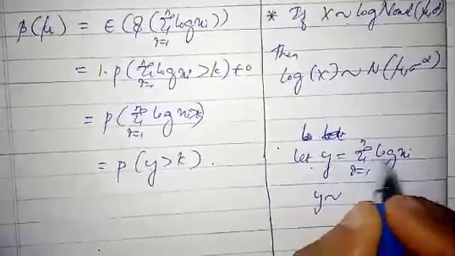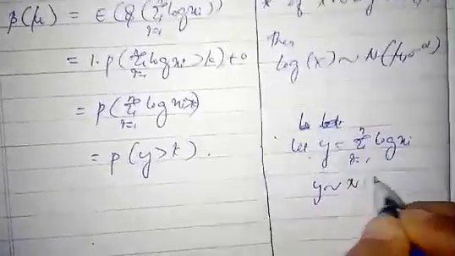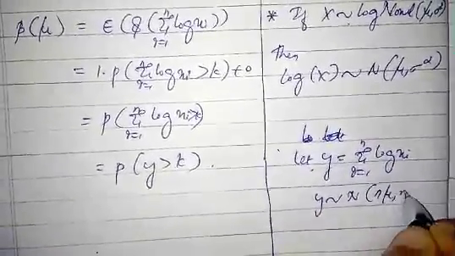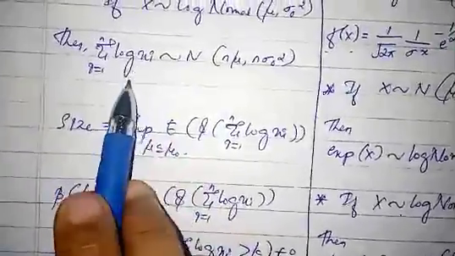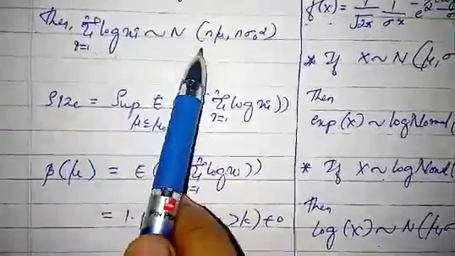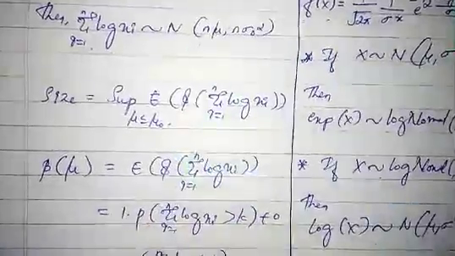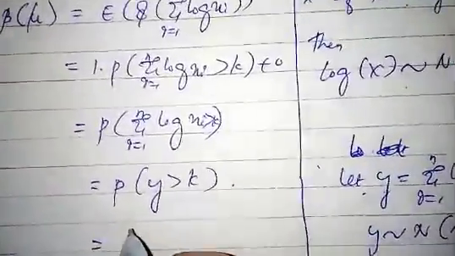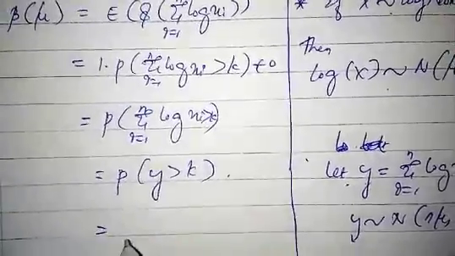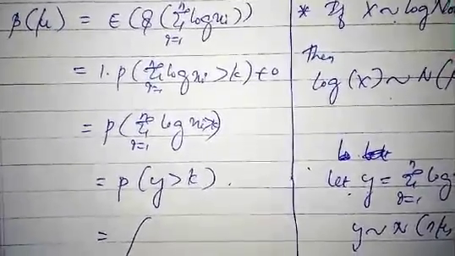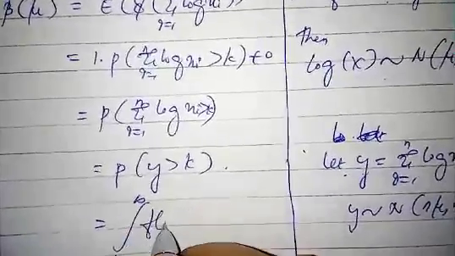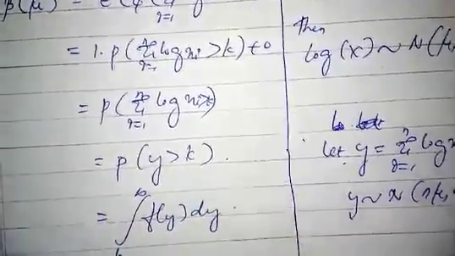Let y equal to summation log xi, then y follows normal with mean n mu and variance sigma naught square, right? See, this summation of log xi follows normal n mu and sigma naught square. Then here we can write this term as the integral with lower limit k, from k to infinity, of f of y dy, right?